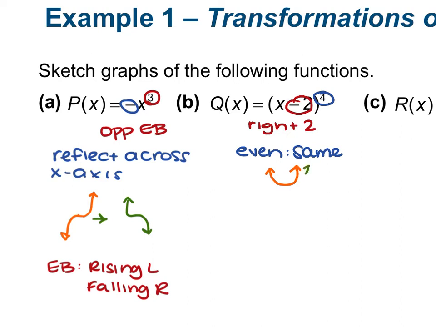So what's happening with our end behavior? Where are these lines going to? Well, as it goes to the left, it goes up, so that's rising left. And as it goes to the right, it's also going up, so that's rising right as well.